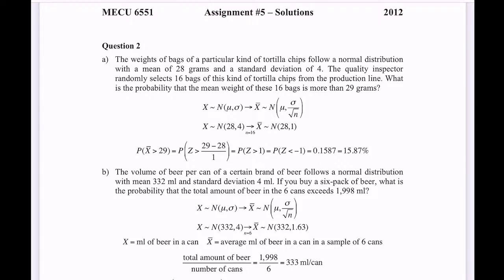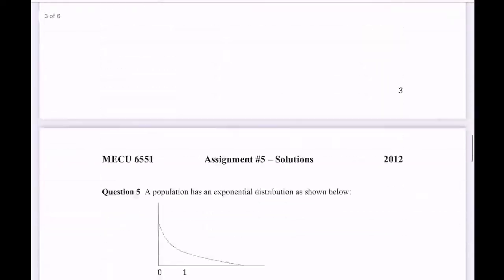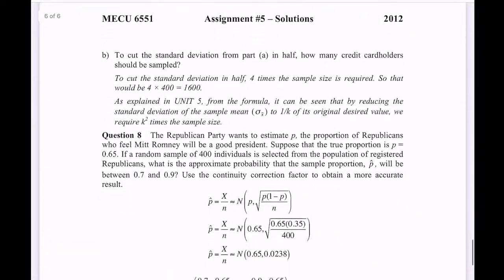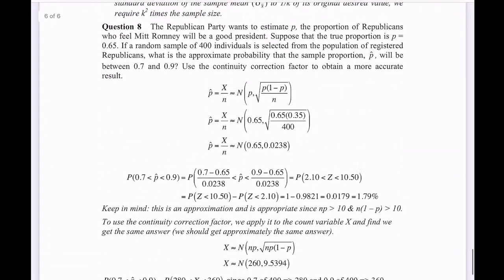I'm not sure which question it is. Question 8.